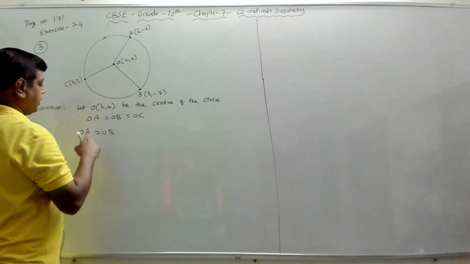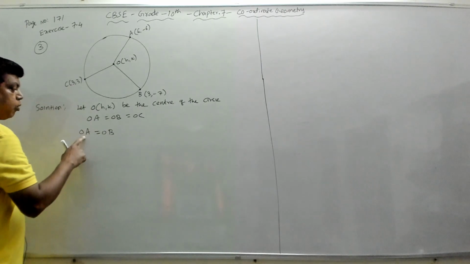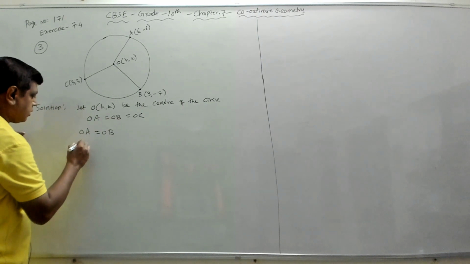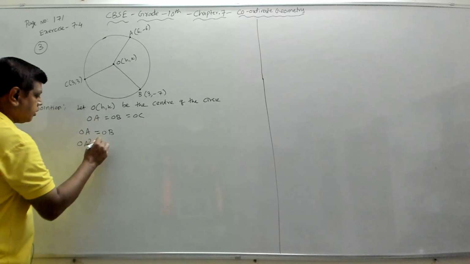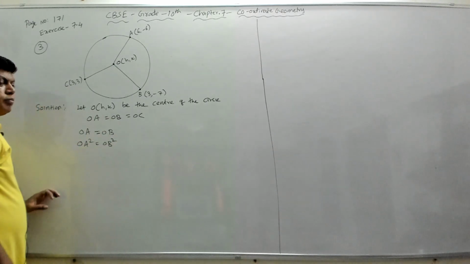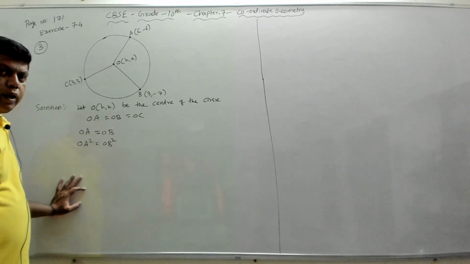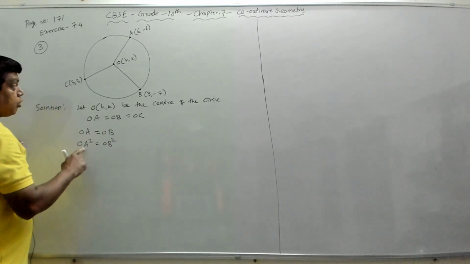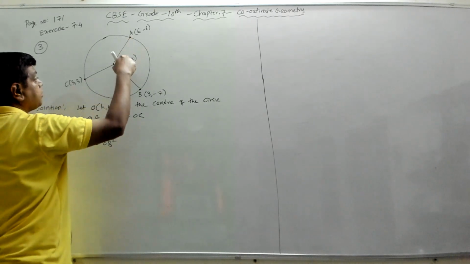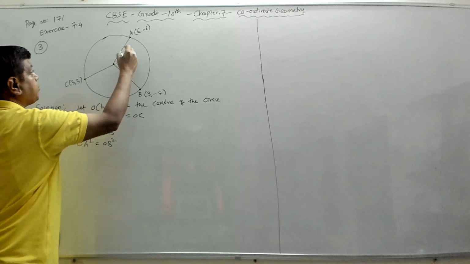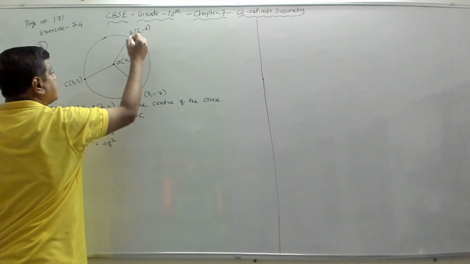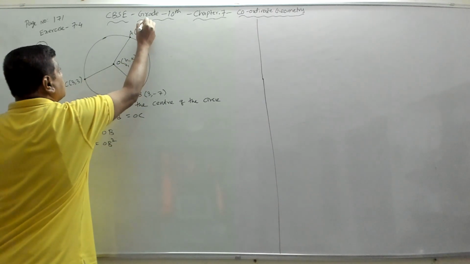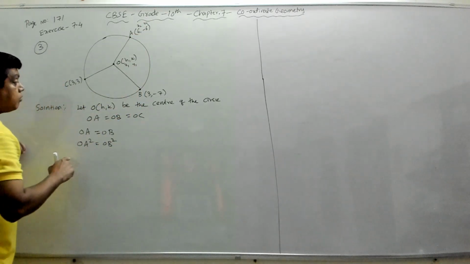Now we'll try to apply the distance formula between these two. When OA is equal to OB, we can even say OA square equal to OB square. So what is the distance formula? Our OA square will be the distance between these two. If you take this as x1 y1, this as x2 y2, then we will apply the distance formula.